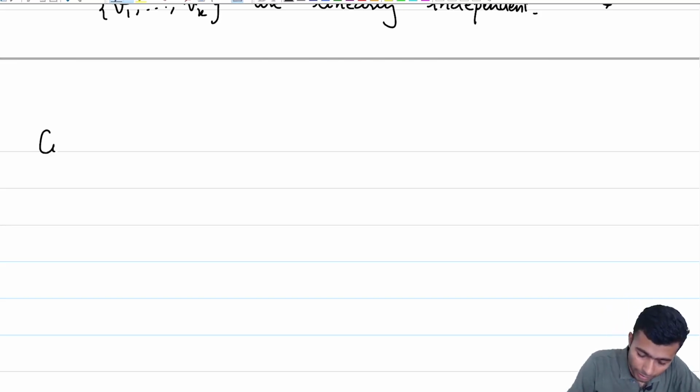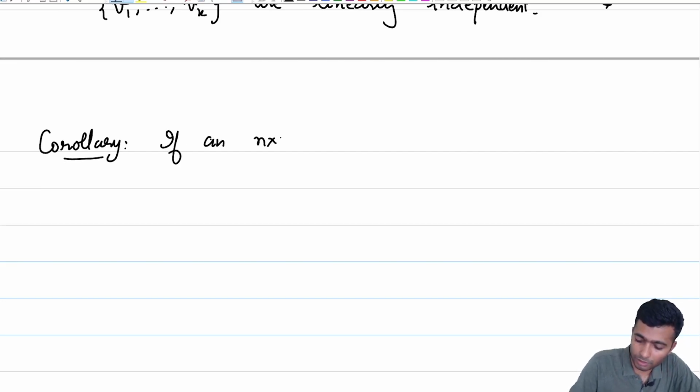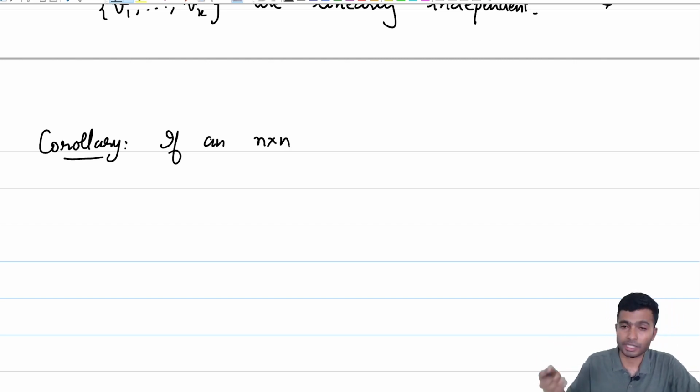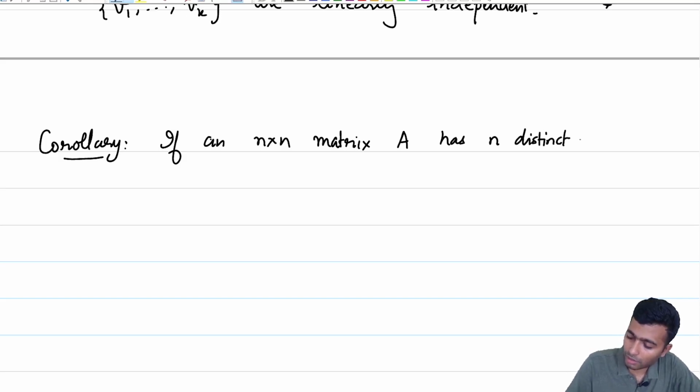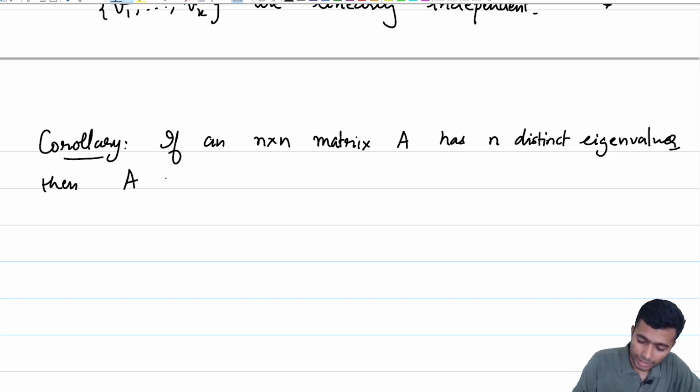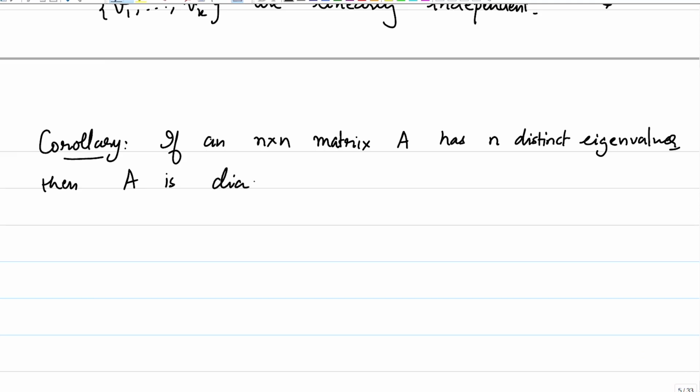Corollary: if an n cross n matrix A has n distinct eigenvalues, then A is diagonalizable.